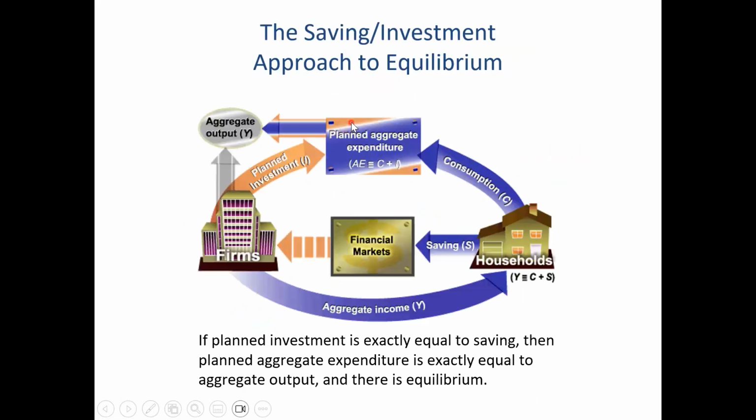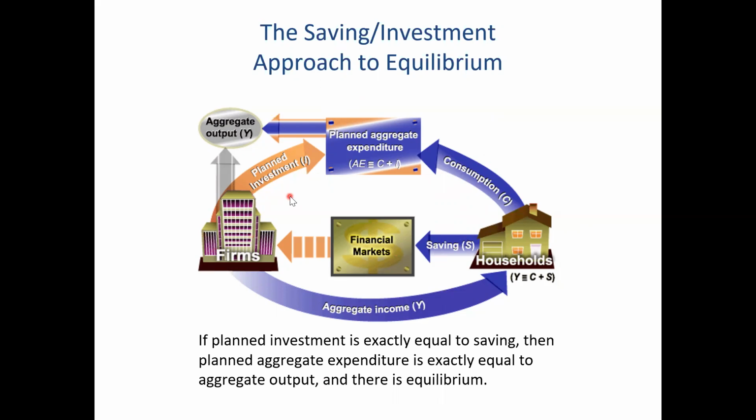And here we have a great figure, which represents a summary for the whole section. Here we have the financial market, its types of markets, and we have households and firms. Households are doing consumption and saving, and firms are doing investment.